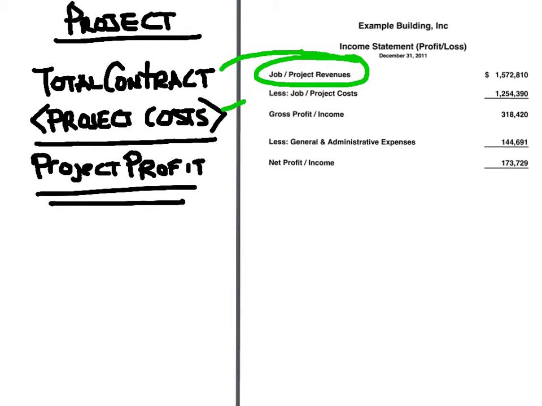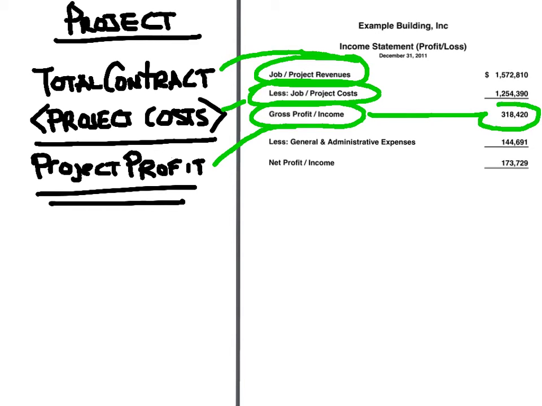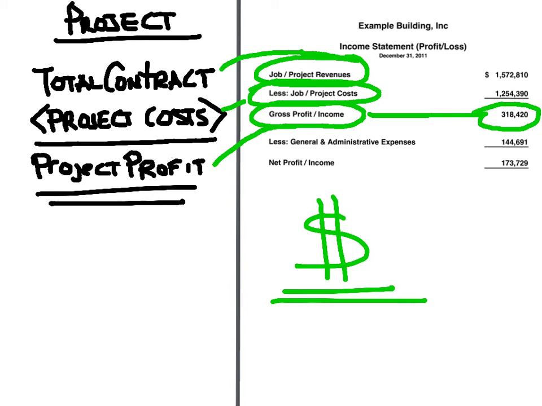The project cost associated with that project for a particular period of time that coincides with the income statement directly relates to the job or project costs on the income statement. Therefore, the gross profit or the project profit directly relates to the gross profit on the income statement for any given period of time. So it's easy to see that individual projects and how effectively they're managed really do have an impact on the bottom line profitability of a company.